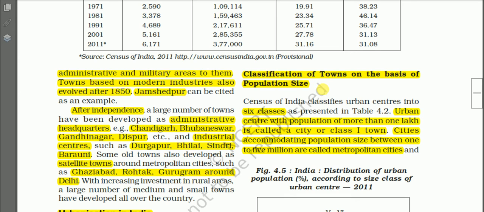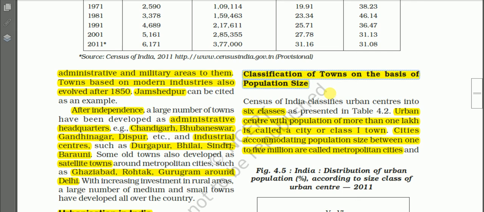Next, we have classification of towns on the basis of population size. Just a few minutes ago we discussed classification of towns on the basis of evolution.